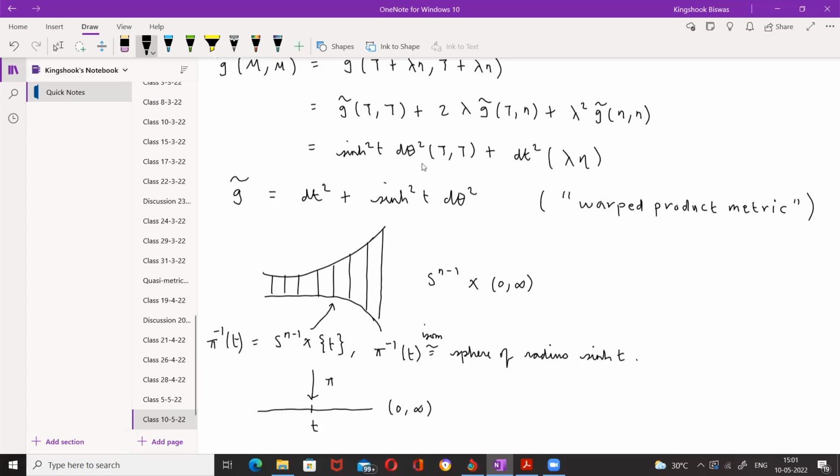So in Euclidean space, my spheres grow linearly, but in hyperbolic space, my spheres grow exponentially. Do you understand the difference?